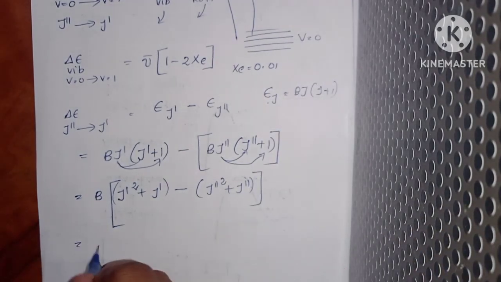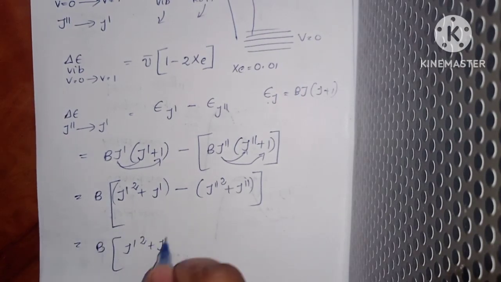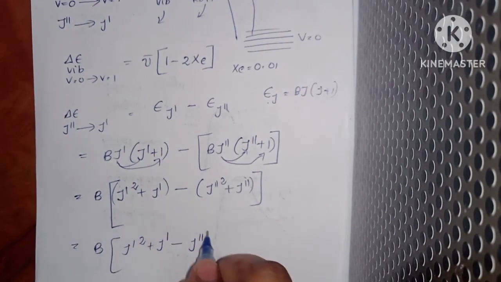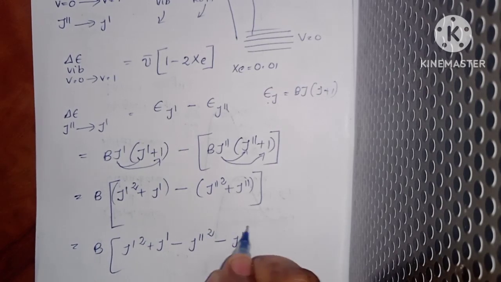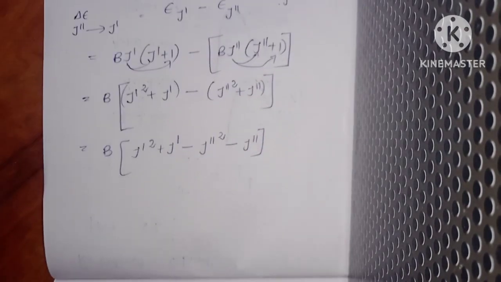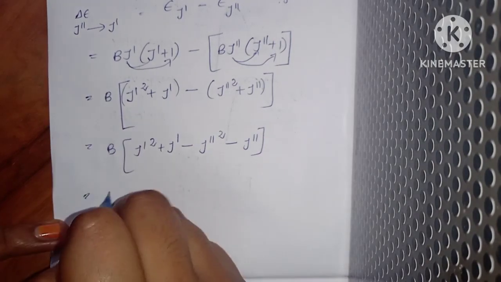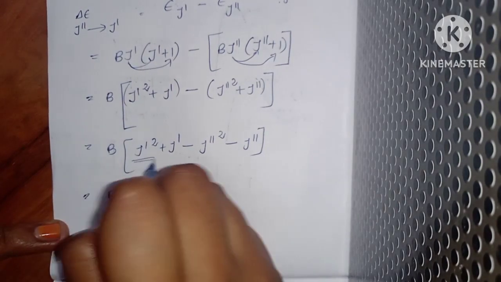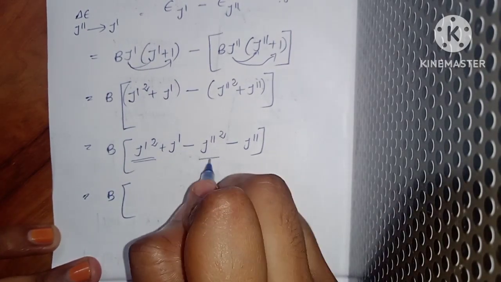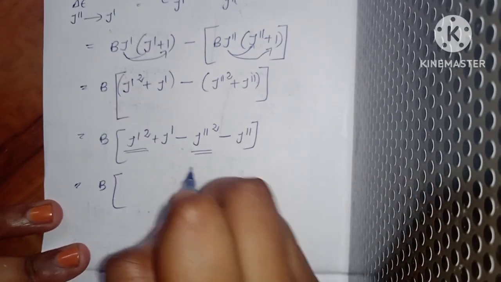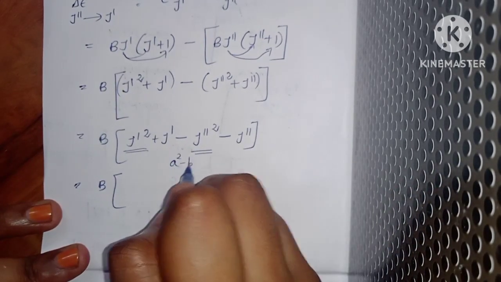Now opening this bracket, we will get J dash square plus J dash minus J double dash square minus J double dash. Now we will get J dash square minus J double dash square, so it is in the form of A square minus B square.